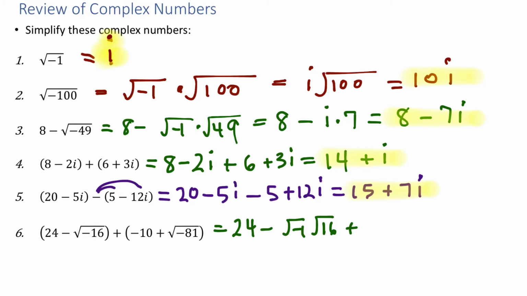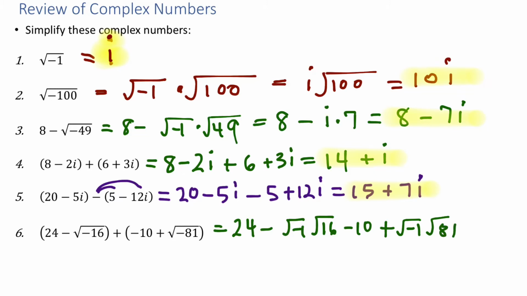So this is going to be plus minus 10. So I can just say minus 10 here instead of plus minus 10. And then I've got plus the square root of negative 81. So that's plus the square root of negative 1 times the square root of 81.